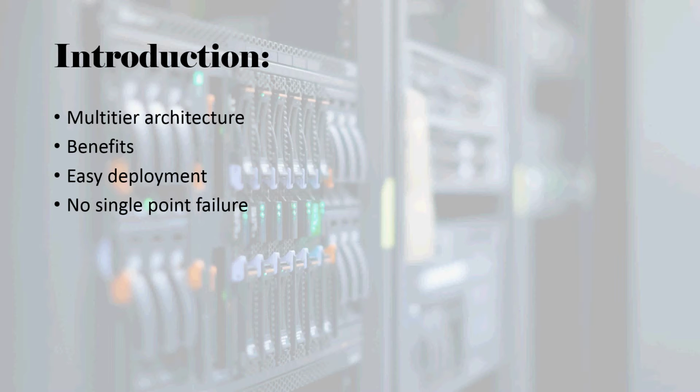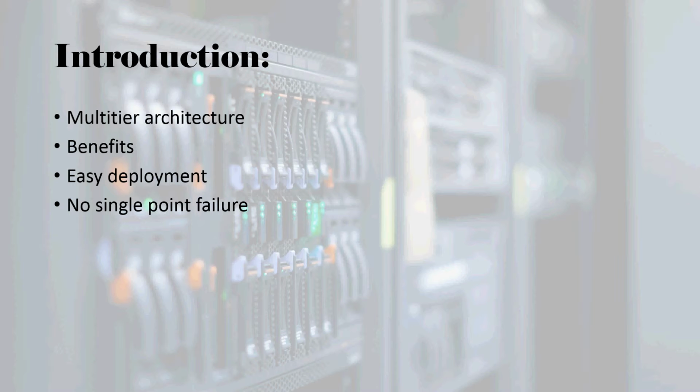So in the introduction, we will talk about the multi-tier architecture. Nowadays, all the big IT companies are using multi-tier architecture, and they are not using monolithic architecture because of its drawbacks.